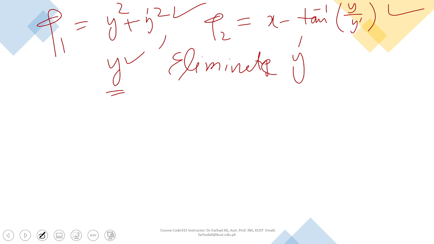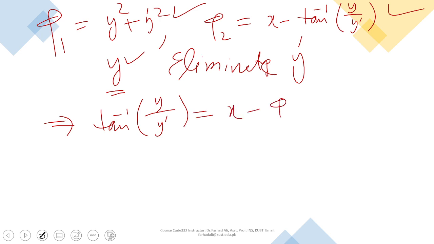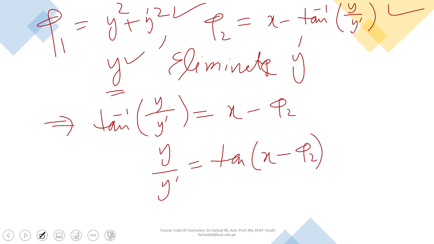I write this equation as tan inverse y by y dash equal to x minus phi 2, and y over y dash is tan of x minus phi 2.